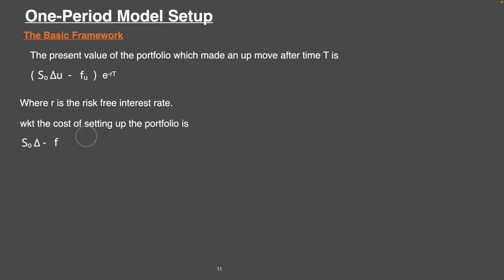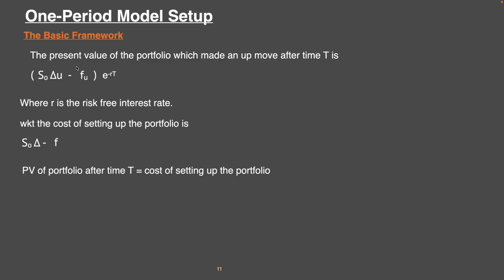So what will be the cost of setting up this portfolio? We knew initially we started off with the underlying at a price of S0 into delta, and we had gone short by one option. So S0 delta minus F is the cost of setting up the portfolio. The present value of the portfolio which we have calculated here should be equal to the cost of setting up the portfolio.